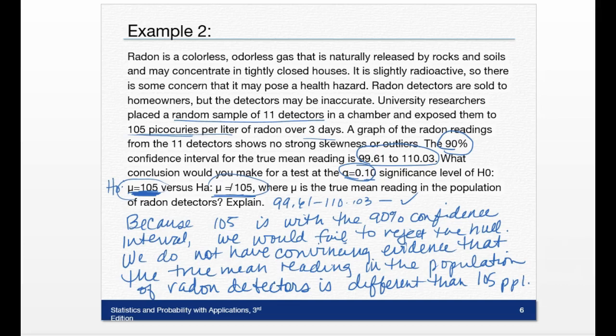So it's very similar to our conclusion from a hypothesis test, but we're referring not to a p-value, but to a confidence interval. All right? Hope that makes some sense, and we'll see you guys in class.